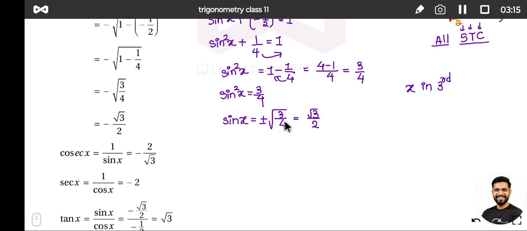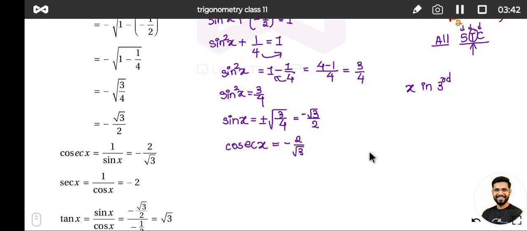So in the third quadrant sine is negative, so we have to put a minus sign, because in the third quadrant which ratio is positive? Tan and cot. So here it is sine, so sine is negative, so minus root 3 by 2. So if sin x is minus root 3 by 2, then what is the reciprocal of sine? Cosec x. So cosec x is nothing but minus 2 upon root 3, the reciprocal of sine. Okay, so we have done sine and cosec, cos and sec.